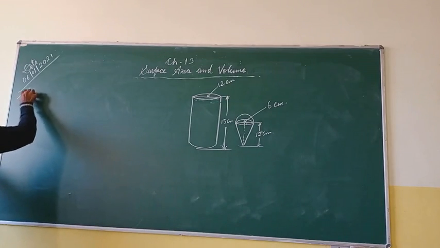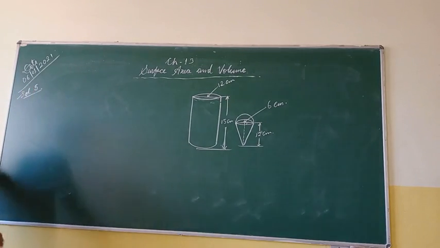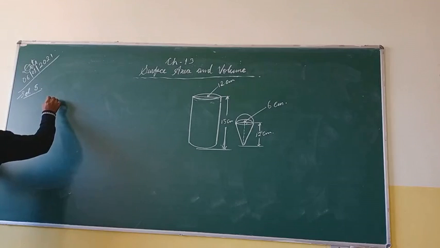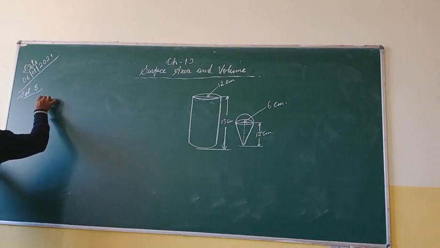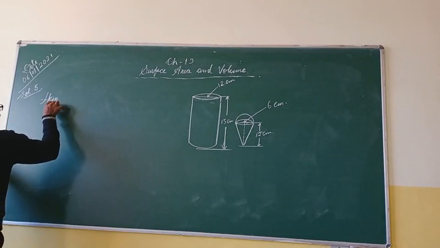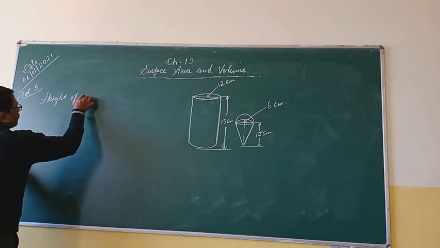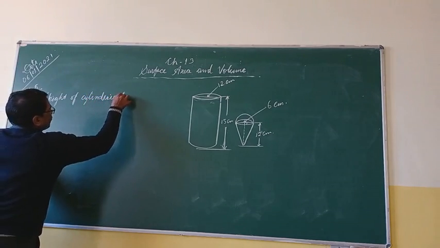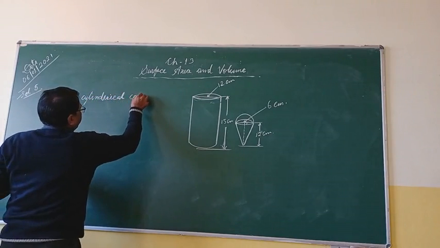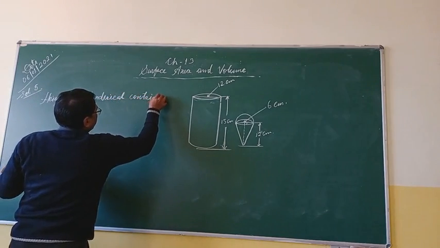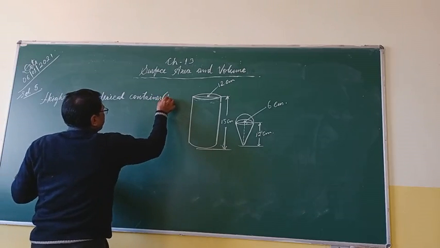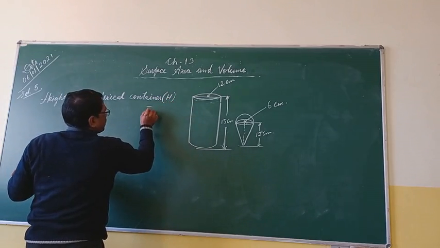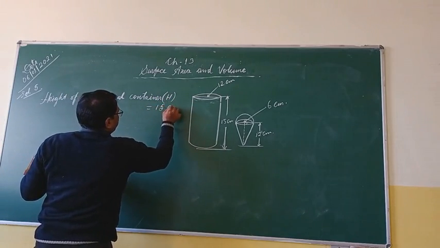Now solution number 5. Height of cylindrical container, that is H, is equal to given 15 cm.